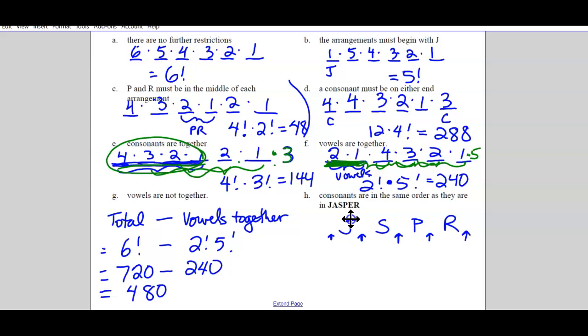If I put it here at the beginning, so then this would be some of my longhand work. So say I put it there, A, J, S, P, R. So then my E, I could put at the beginning there, or after it, or here, or here, or here, or here. So that's going to happen for all places I put the A.